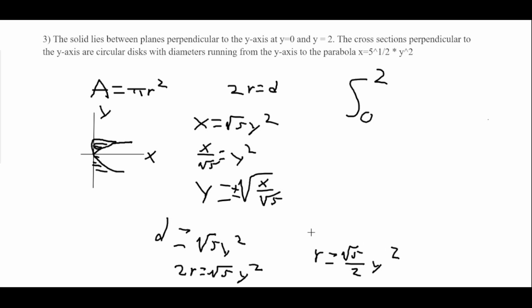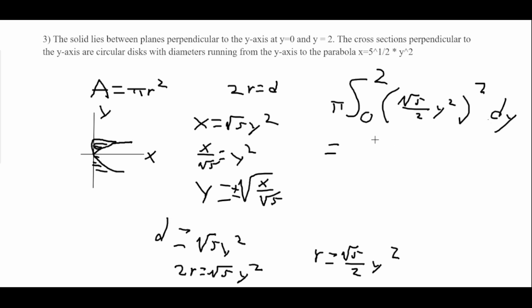Now that we have the radius, we could integrate it to get the volume. For the integral, we're going to go from 0 to 2. We plug in the area, which was pi, and put pi on the outside because it's a constant, and r squared, which will be root 5 over 2 y squared, and we're squaring that, integrating in terms of dy.